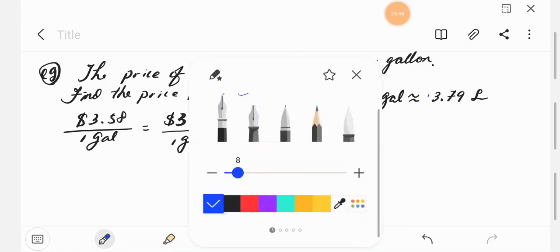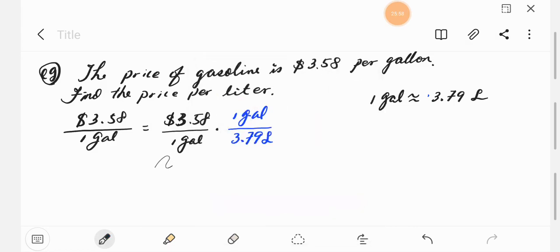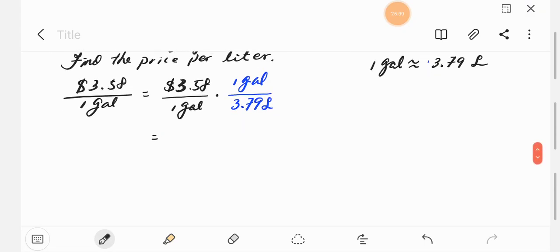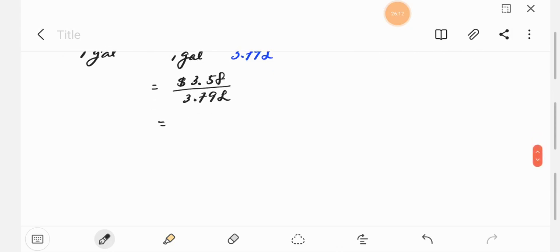So you can cancel out the unit gallon. What we have is 358 in the numerator, and the denominator is this. And then calculate the numbers: 358 divided by 379. This is a little bit less than 1, right?